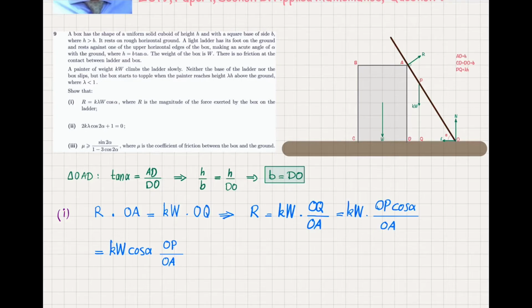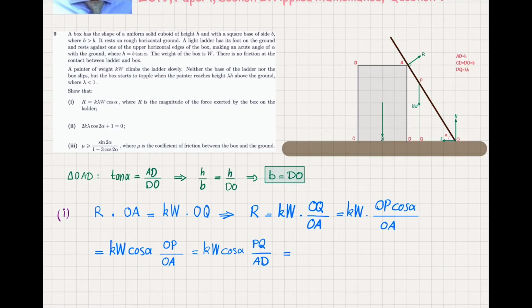So these two triangles are similar. So it means that the ratio of OP to OA is the same as the ratio of PQ to AD. So instead of OP over OA, I would write PQ over AD.